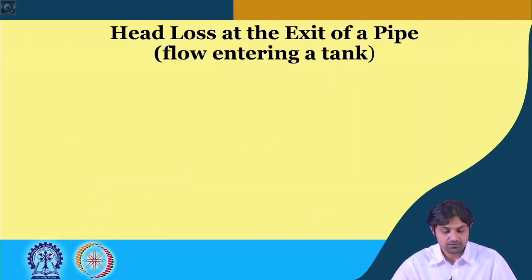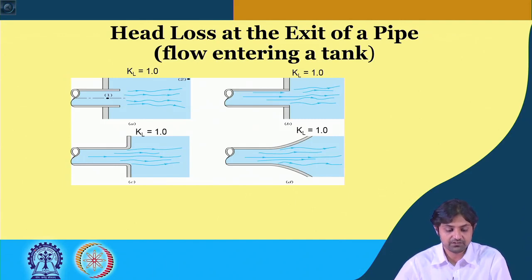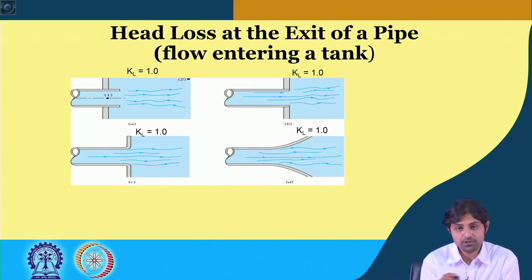Now we have talked about contraction, we have talked about expansion, now we have talked about entrance to the pipe. Now, what is the head loss at the exit of the pipe? Something like this, when the pipe is terminating in a reservoir, what is going to happen?